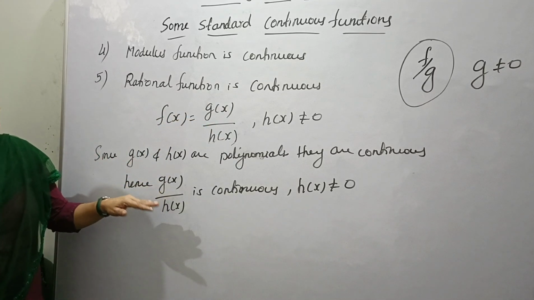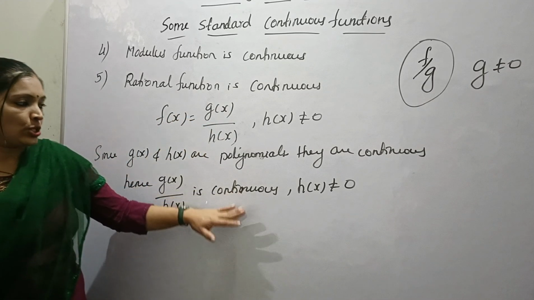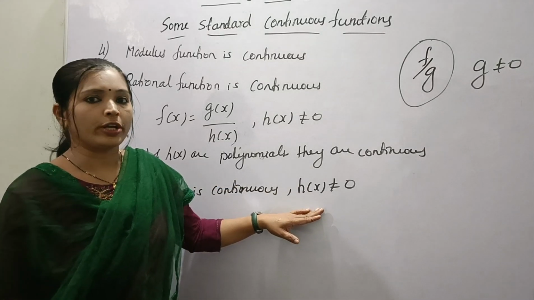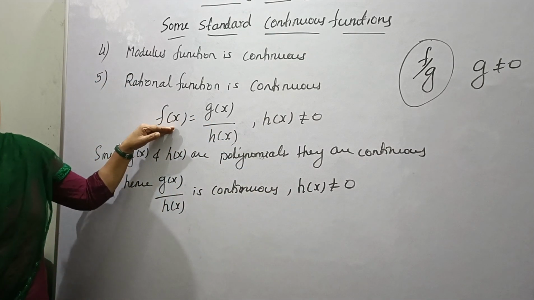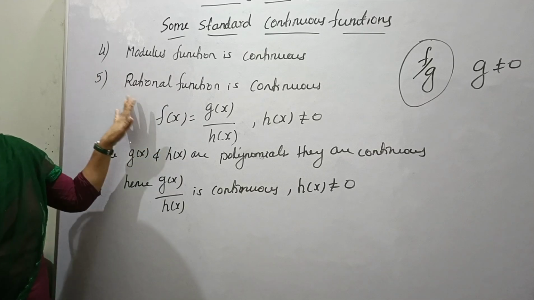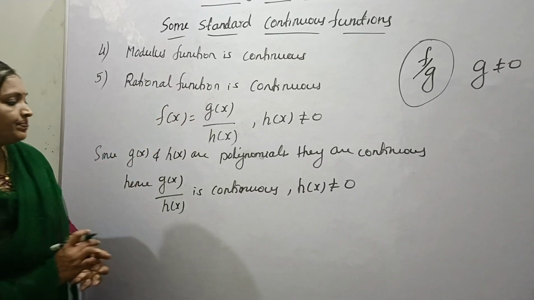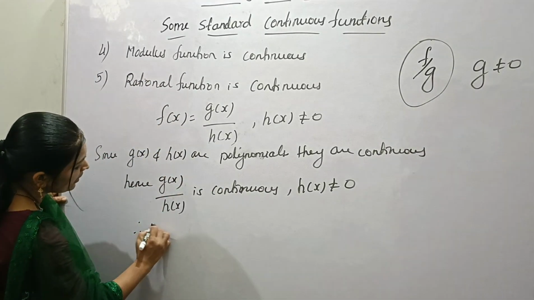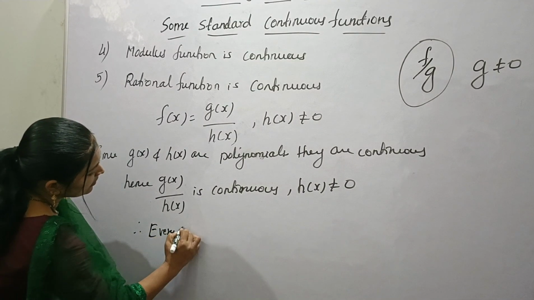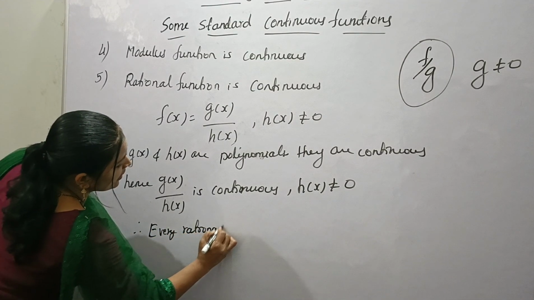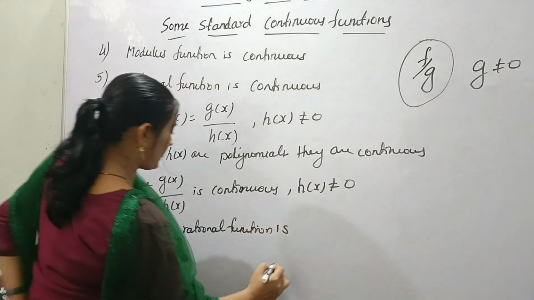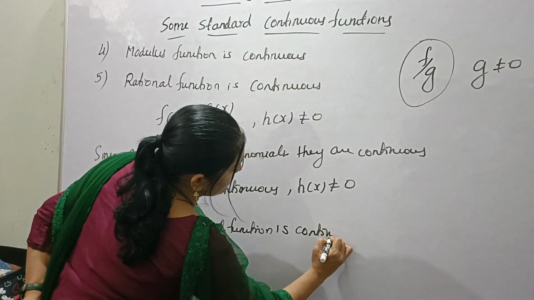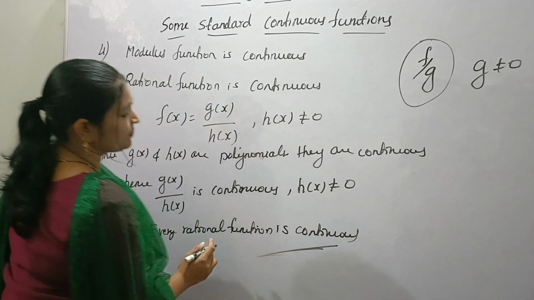So as g of x divided by h of x is continuous, that is f of x is continuous. That means every rational function is continuous. That's all.